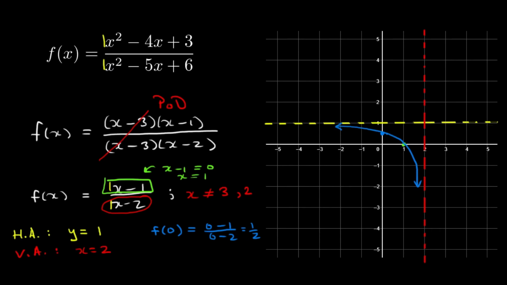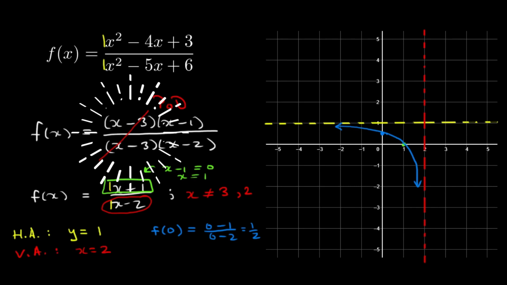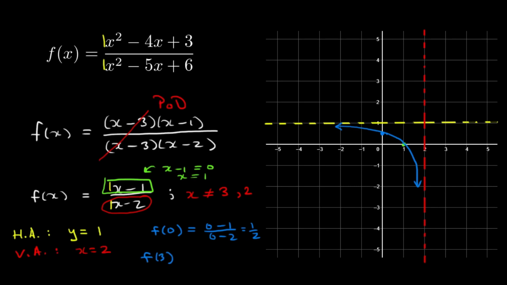And the last feature, of course, we have to include here is that point of discontinuity. And remember, that occurred at x equals 3, that removable factor of x minus 3. Now remember this is undefined, so I better watch my notation here. I better not actually show that I'm trying to evaluate it. I'm trying to find the hole in this function, so I'm just going to substitute x equals 3, and then I'm going to get 3 minus 1 on the top and 3 minus 2 on the bottom, which is going to give us 2 over 1.